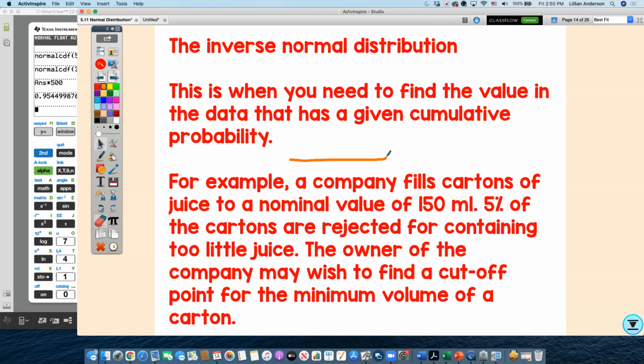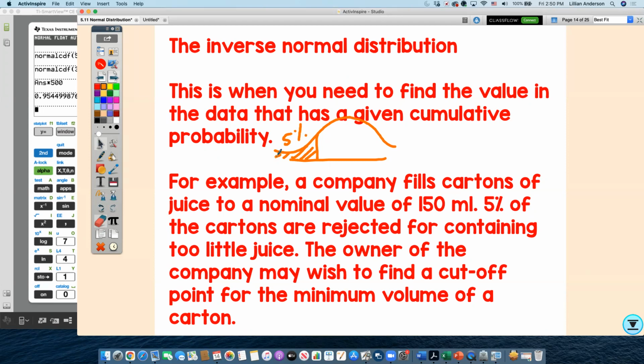So essentially, for example, it says a company fills cartons of juice with a nominal value of 150 milliliters, okay? 5% of the cartons are rejected for containing too little bit of juice. So 5% of my containers are rejected if they contain too little bit of juice.